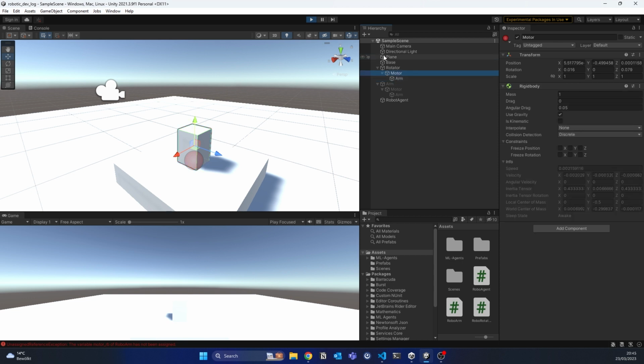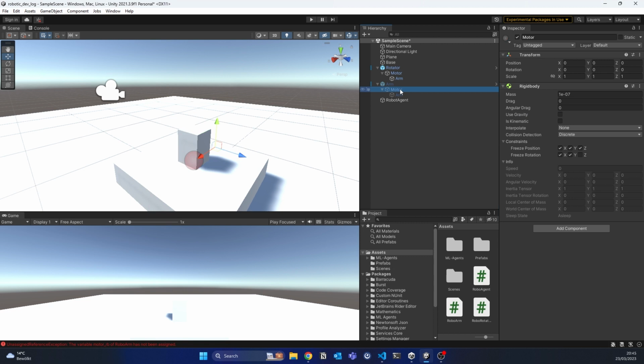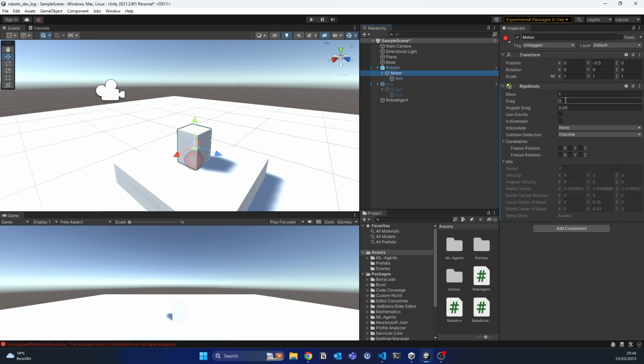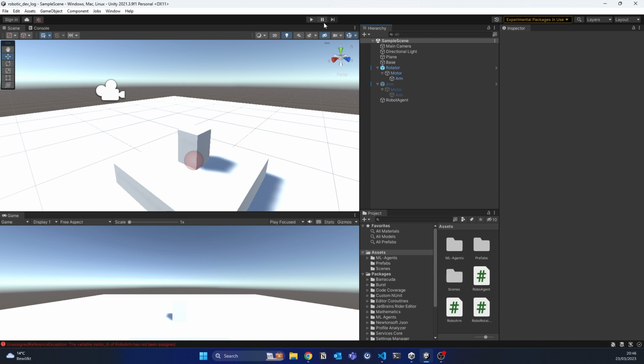Did I forget something? Maybe I cannot have the gravity here. Maybe I'm just gonna turn, I don't know. I have here the mass. Okay, let's try that again.